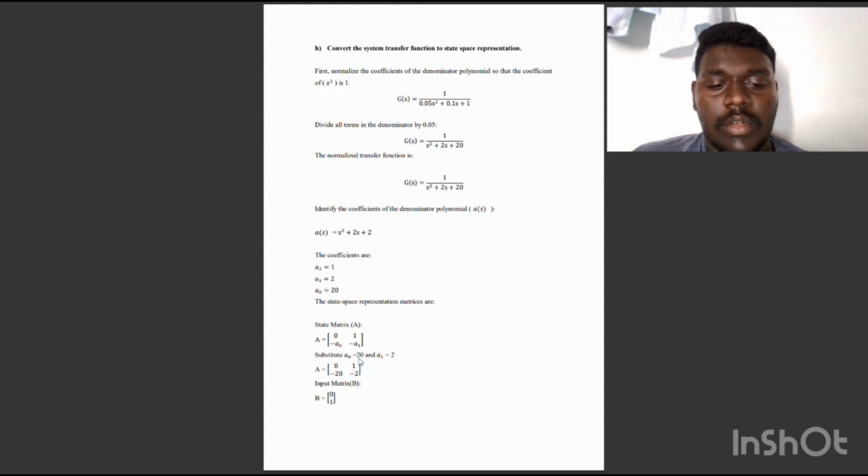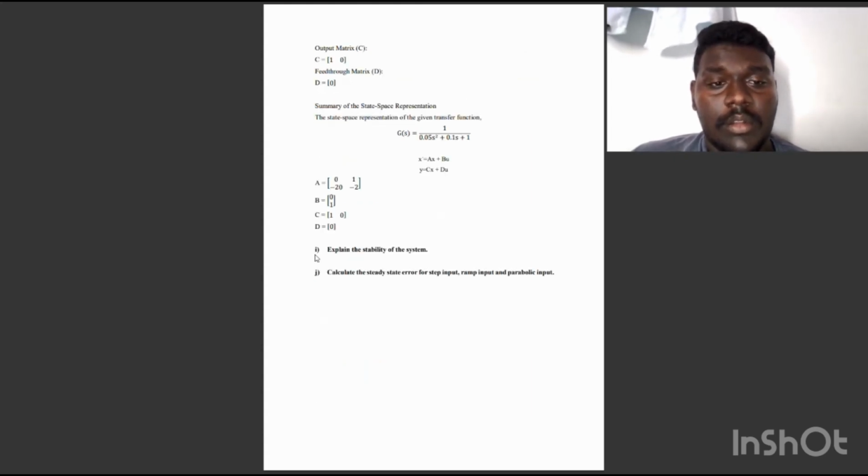Substituting a0 equal to 20 and a1 equal to 2, we get our state matrix: 0, 1, negative 20, negative 2. The input matrix B becomes 0, 1. The output matrix C becomes 1, 0. And the feedthrough matrix D becomes 0.